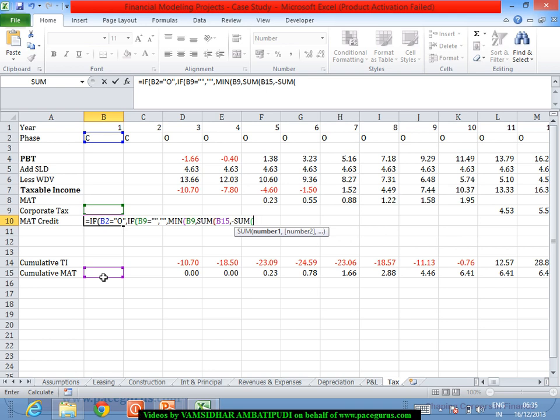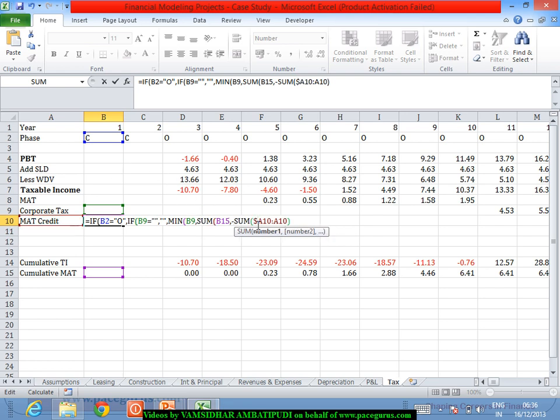I will take the minimum of the corporate tax or whatever has been credited till date. So from the MAT credit, cumulative MAT, if I am talking about whatever has been credited till date, what would I get?